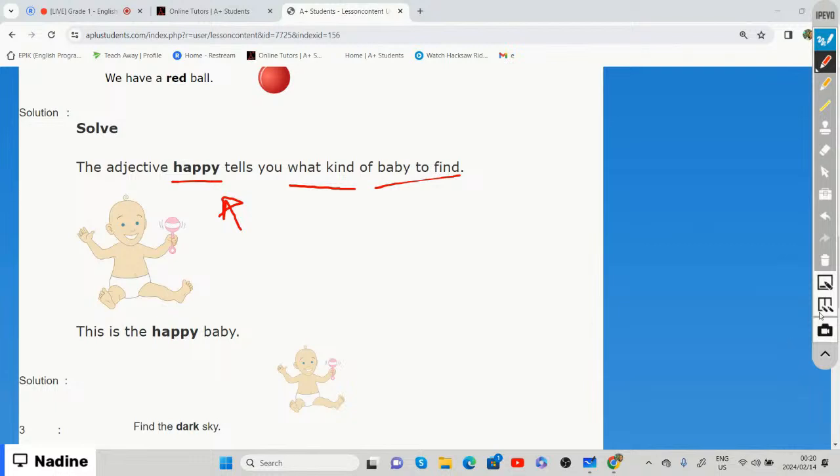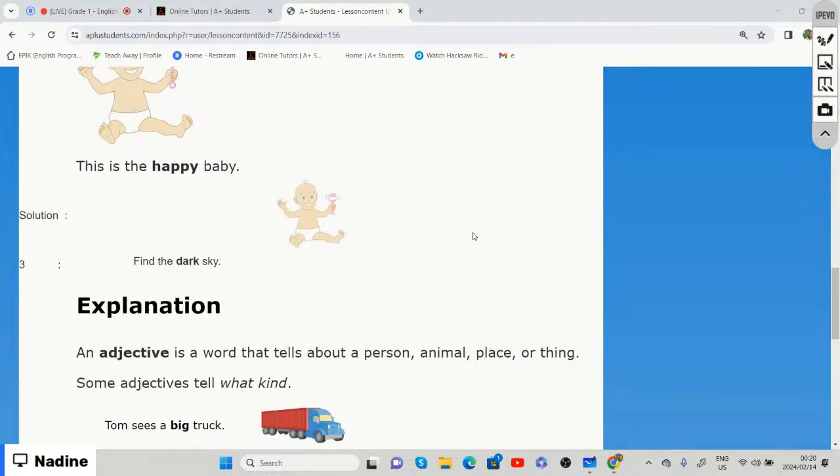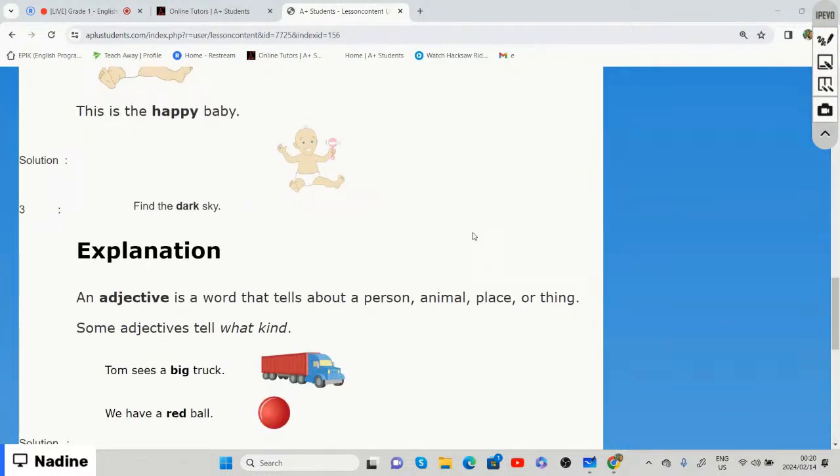We need to then also find the dark sky. And once again, we see that adjectives tell us what kind and they tell us how many.